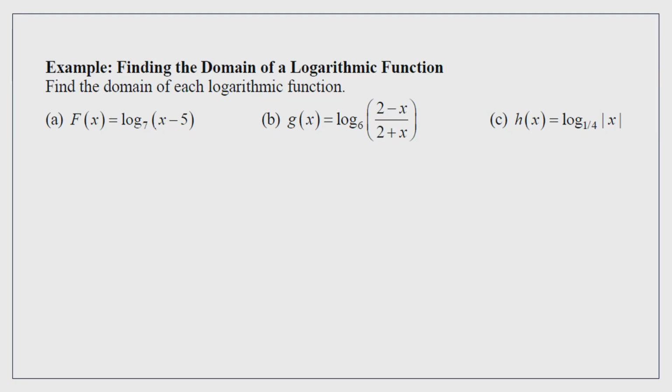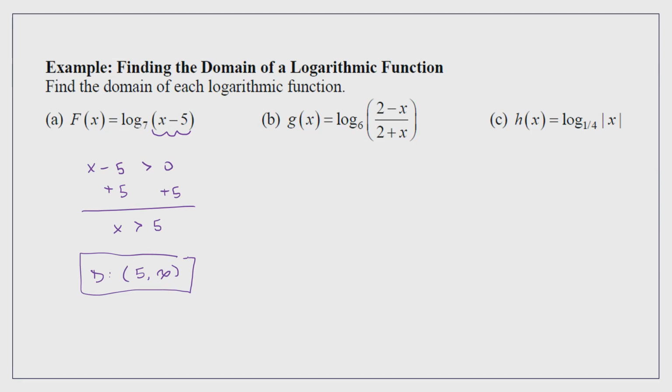So we're going to take x minus 5 and set it greater than 0. Okay. So in this case, if we add 5 to both sides to get x by itself, x must be greater than 5. So our domain is going to be 5 to infinity.